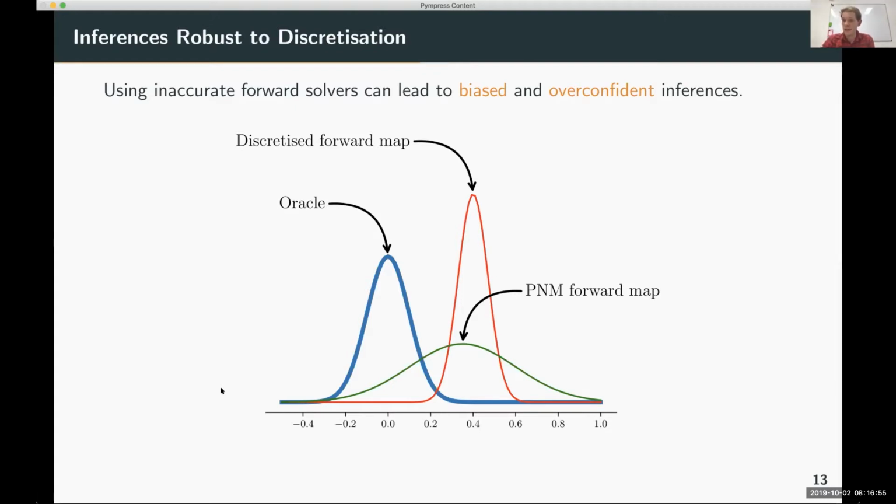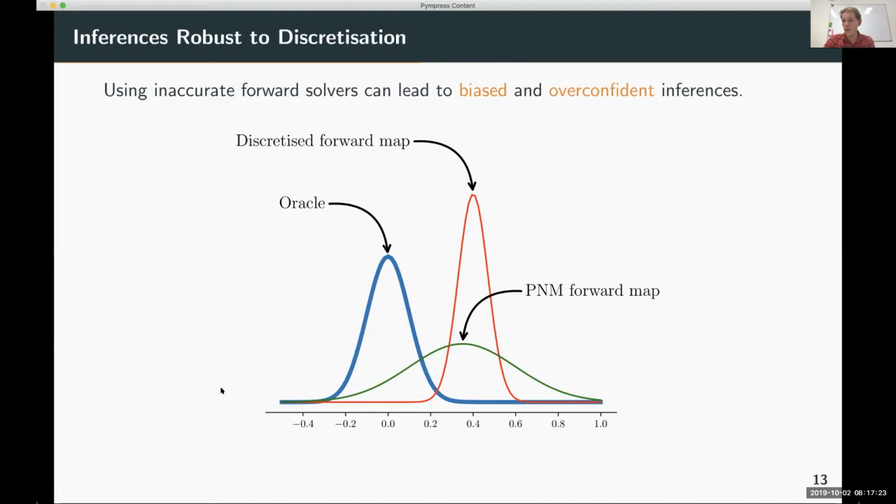It produces an iterate that converges very rapidly to the solution, but it's still very possible to have non-negligible error, perhaps because the dimension of the problem is so large that we can't afford to expend an arbitrary amount of computational effort to solve the linear system, or perhaps because we've got a fixed computational budget that we can't possibly exceed, and that's not sufficient to drive the error down to a point where it could be considered negligible.